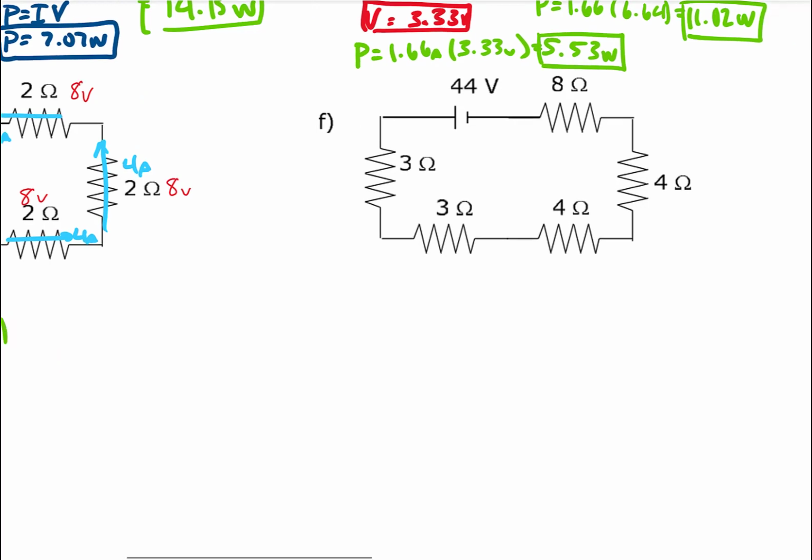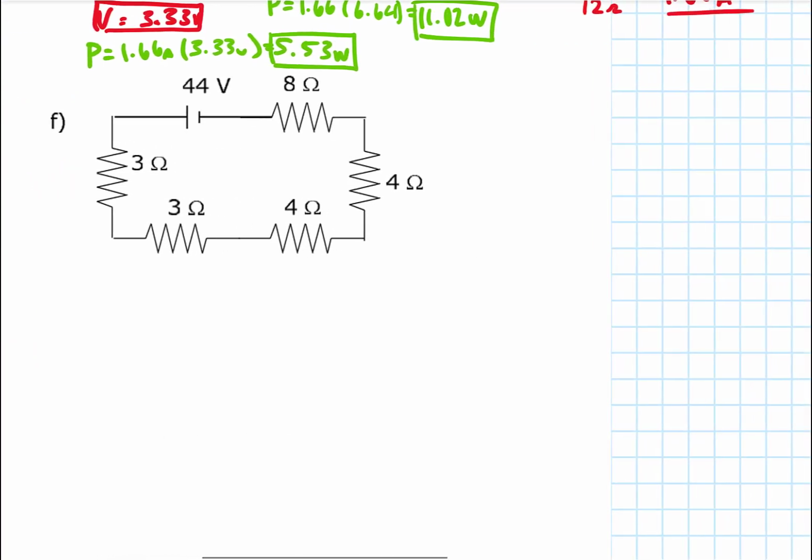We have 5 this time, which seems like a lot. So the total resistance here is R1, 3 ohms, plus R2, 3 ohms, plus R3, 4 ohms, 4 ohms, plus 8 ohms. So the total resistance is those things added together.